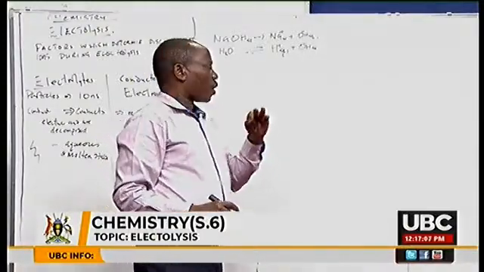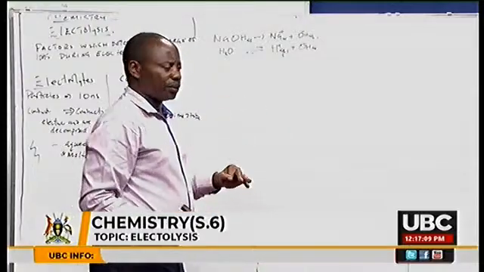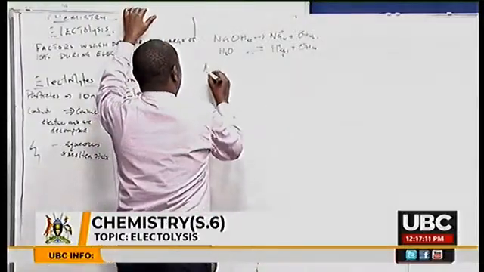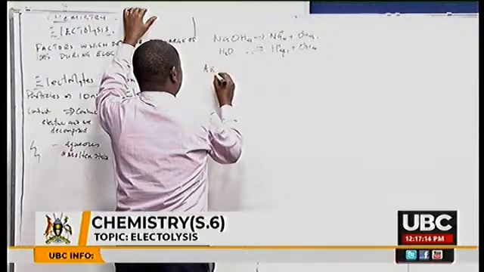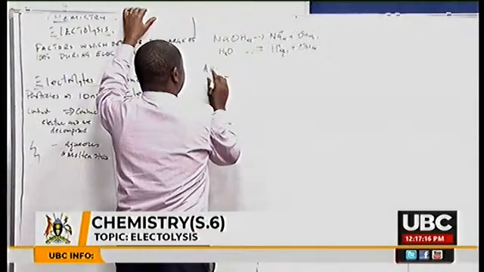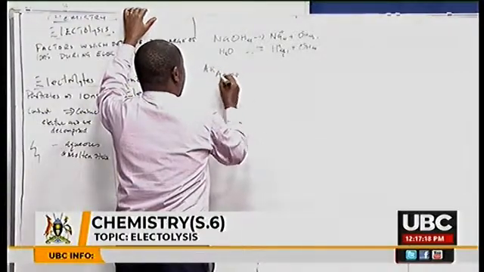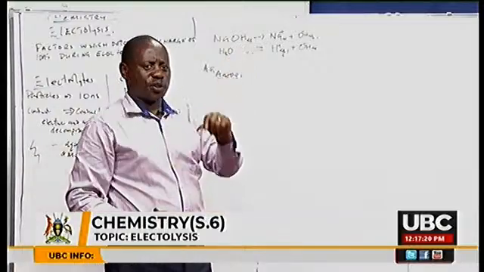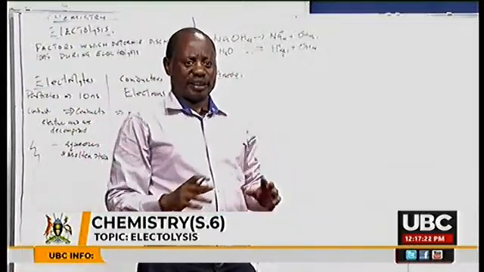Now, when electric current is passed through, we have the anode and we have the cathode. At the anode, it is only hydroxyl ions which will be discharged.